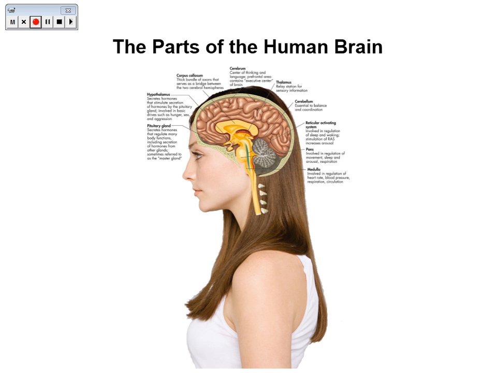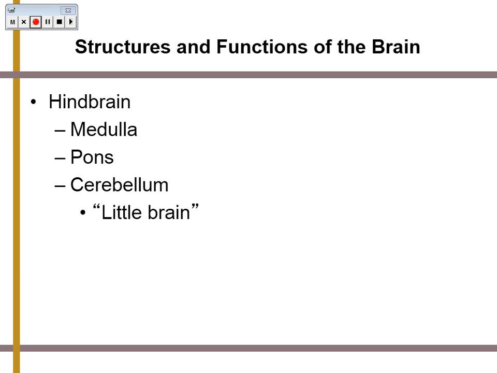All right, so let's now go to parts of the brain. First, we have what are called sections of the brain. We've got 3 sections: hindbrain, midbrain, forebrain.